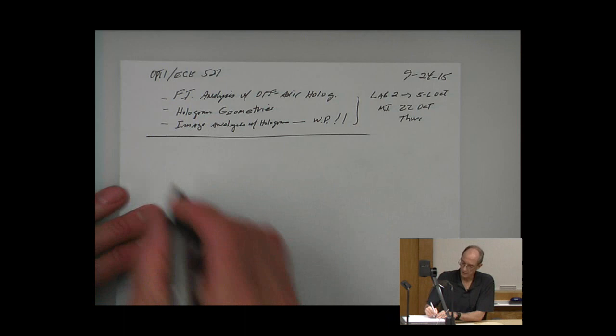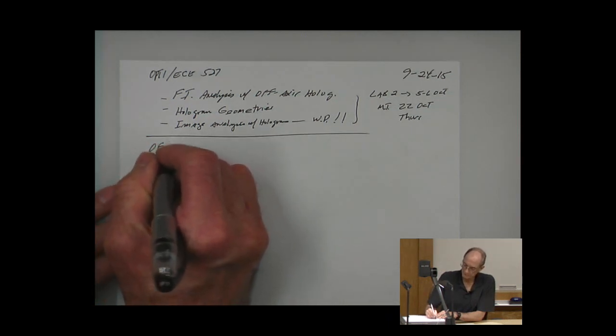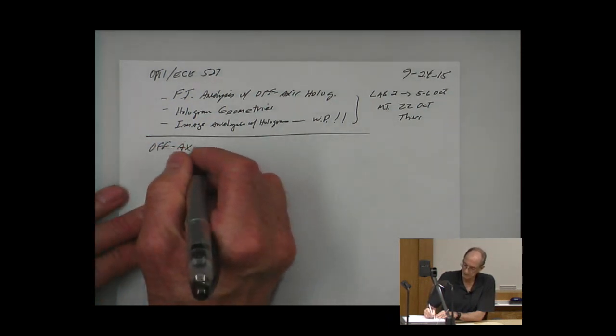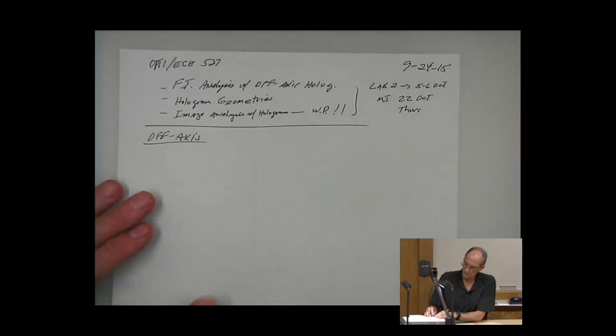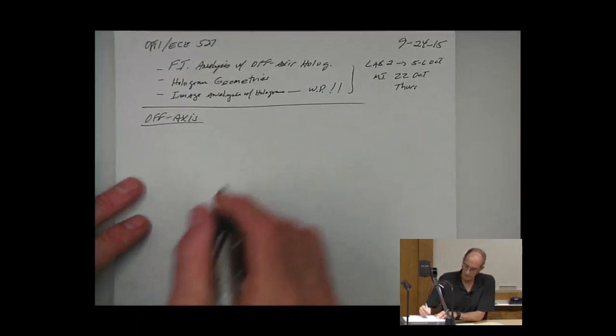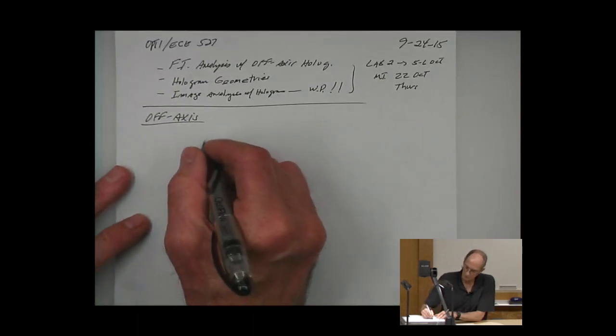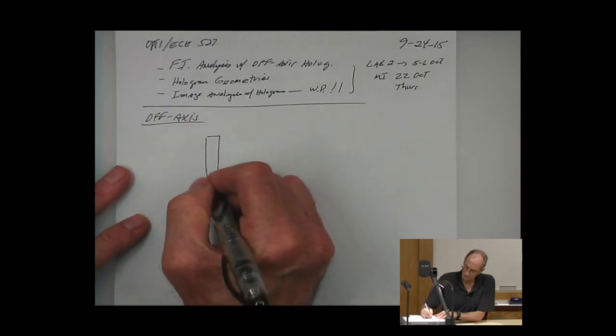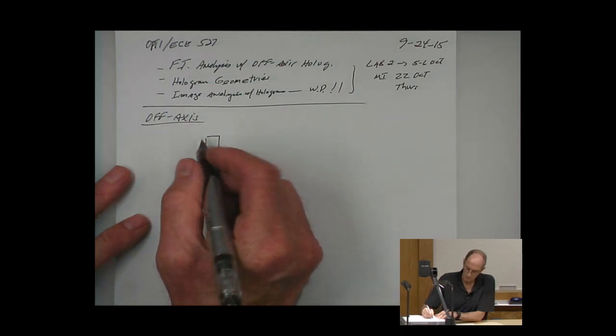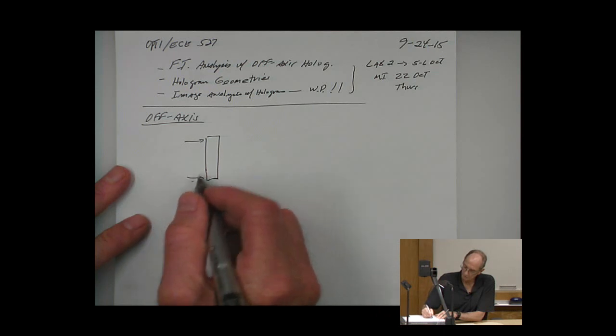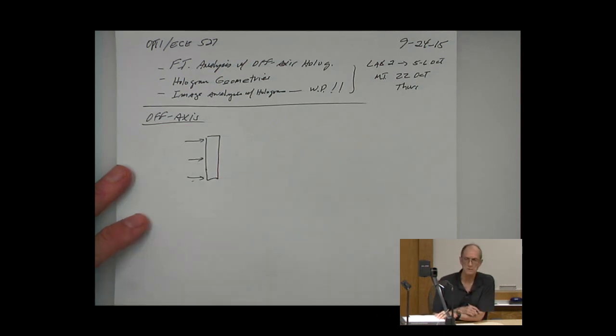All right, so let's start looking at the off-axis hologram analysis using our Fourier tools that we now have. So again, we're going to place an object transparency here. And when is homework 2 due? Tuesday? Okay, yeah. So I'll have another homework assignment.